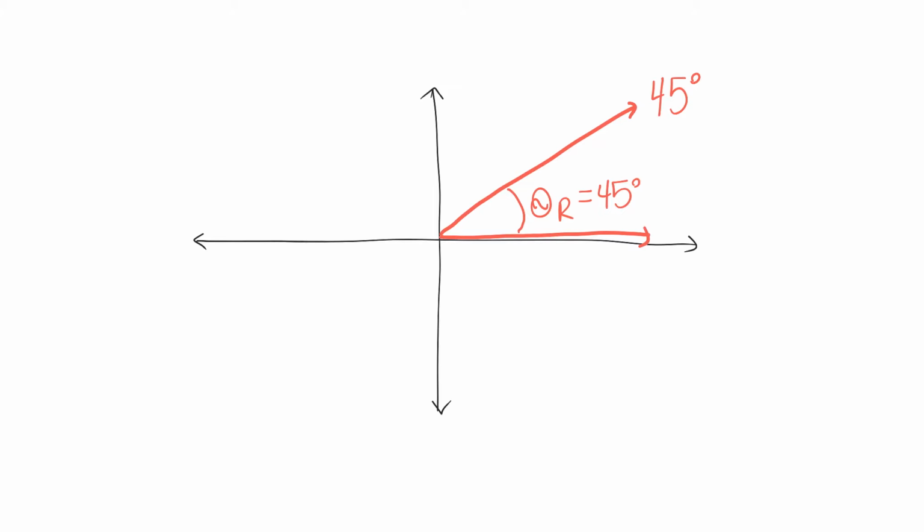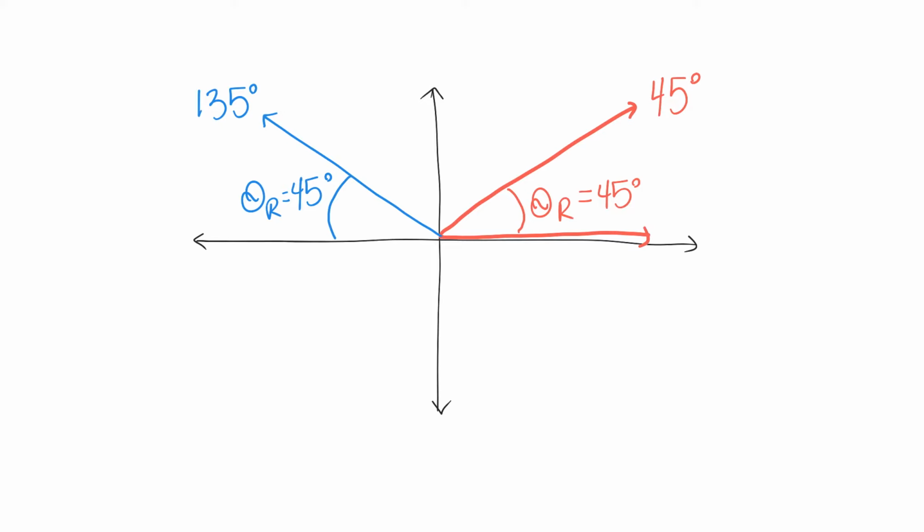Now over here in quadrant 2, we can have another reference angle of 45 degrees. And this is going to be an angle of, 45 less than 180 is 135. So this is a 135 degree angle, and it has reference angle 45.